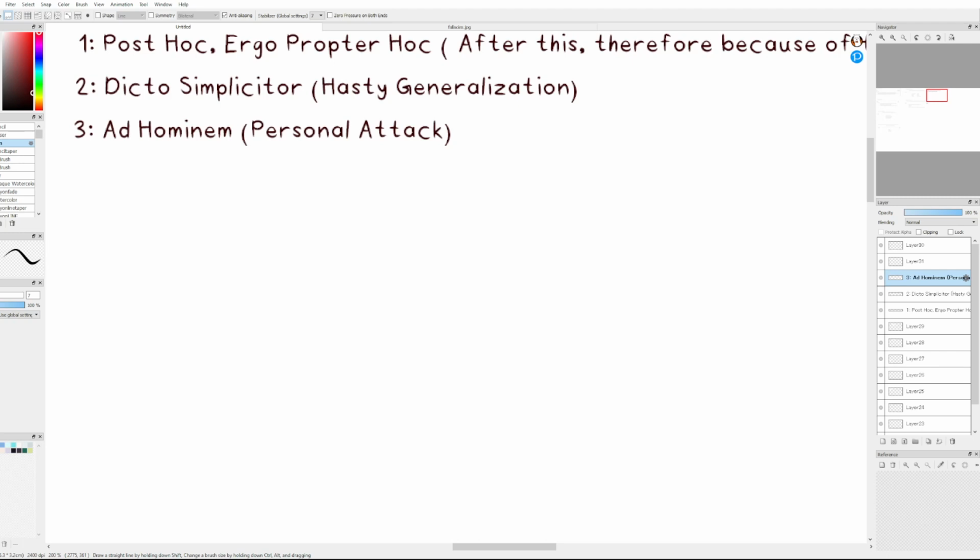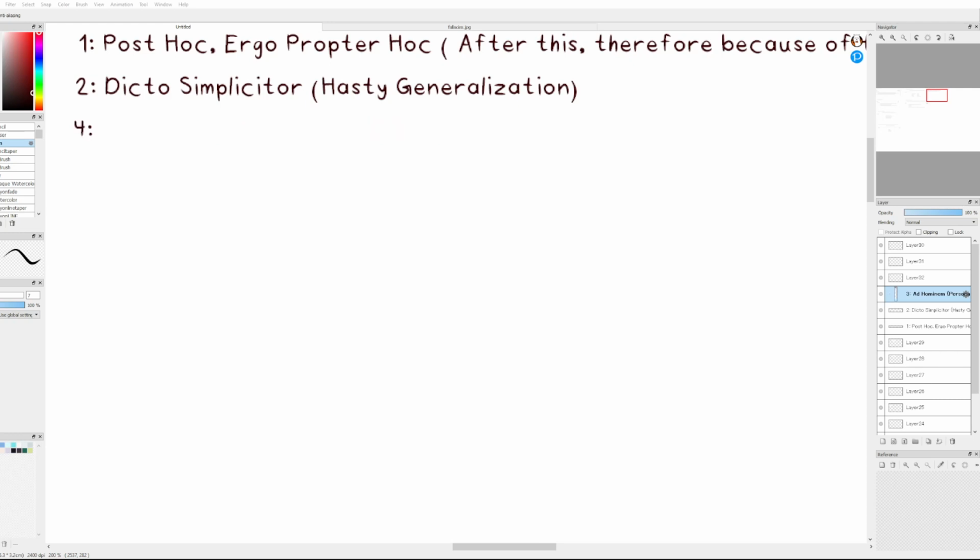Or something like, this guy shouldn't be in charge of making decisions for our school board because he is divorced. Stuff like that, where it's not talking about anything related to what is being addressed. It's just simply an attack trying to discredit the other person.